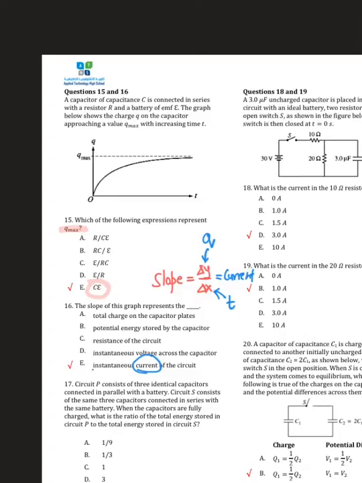Because it's instantaneous, we can also write it as dy over dx instead of delta y over delta x, since the slope is actually changing from point to point.